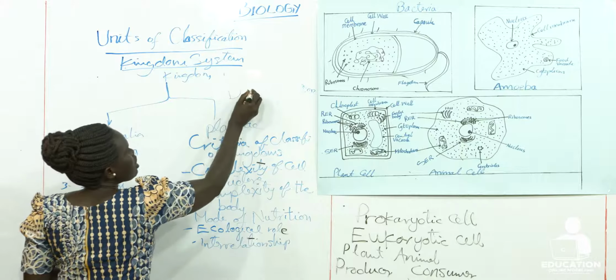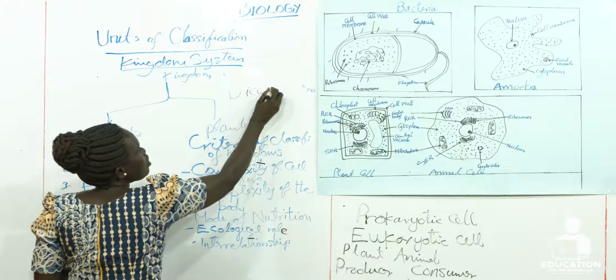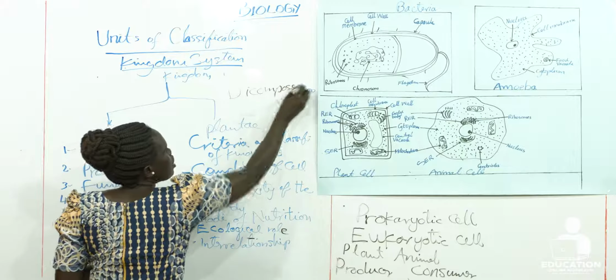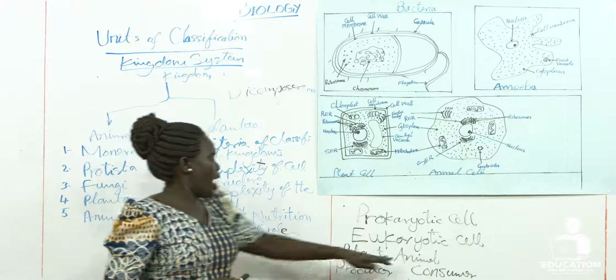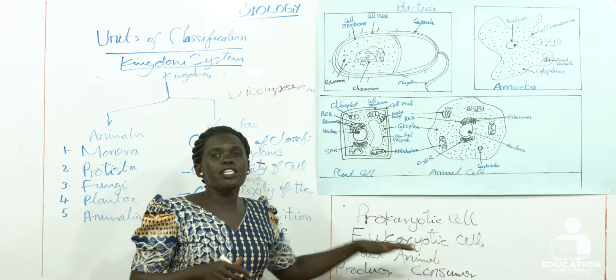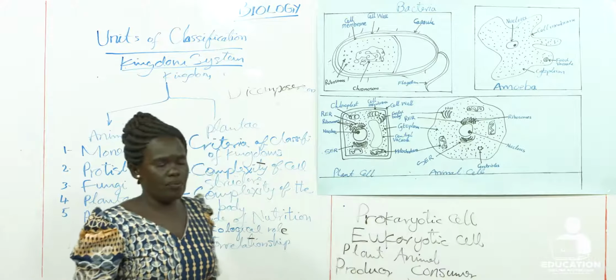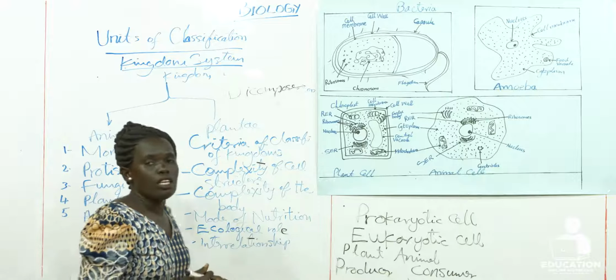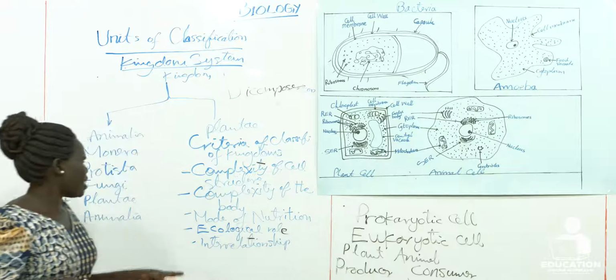That means both animal and plant, when they die, will be decomposed by these microorganisms. So they have different roles in the ecosystem.